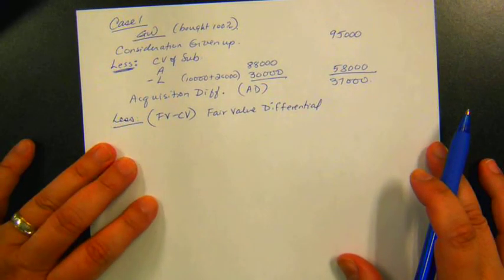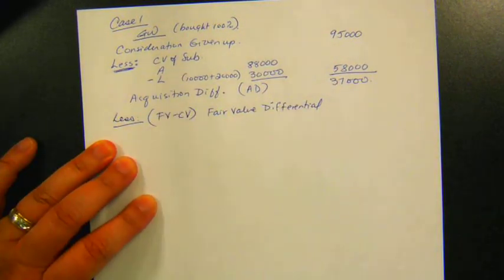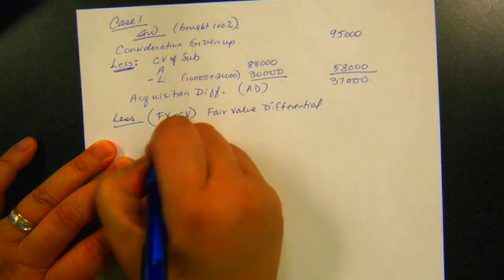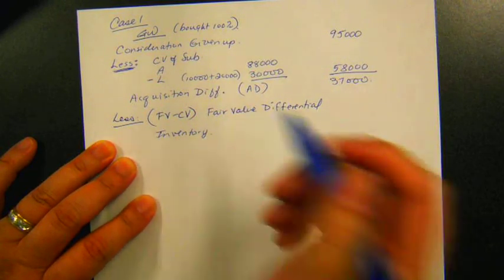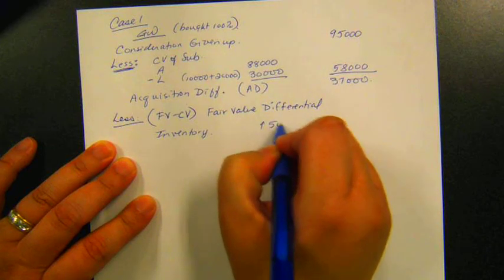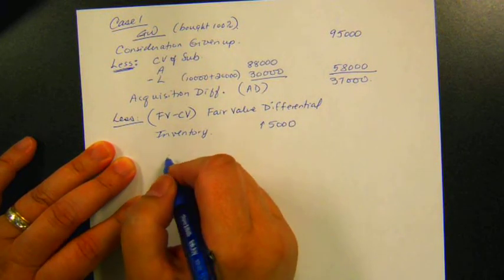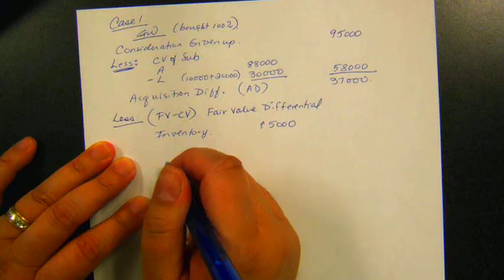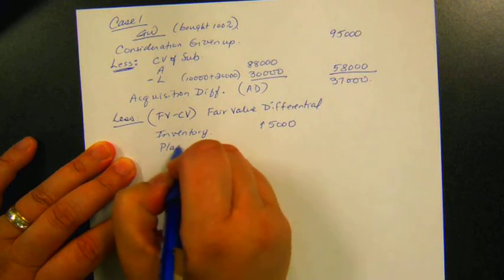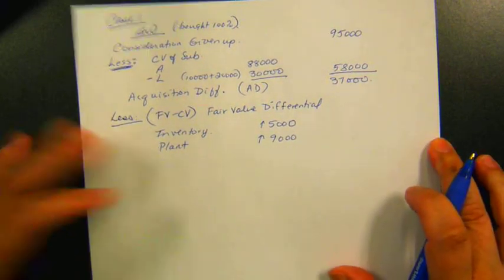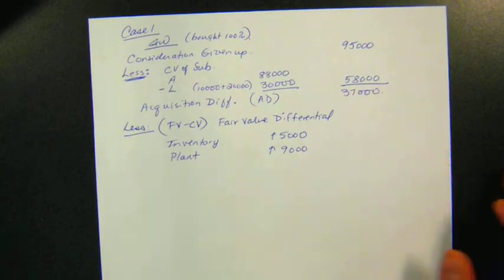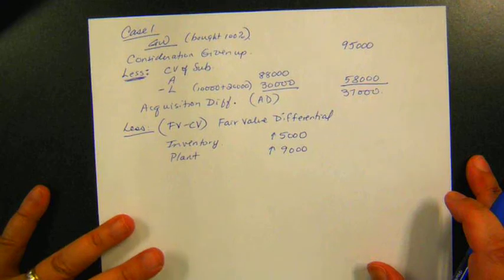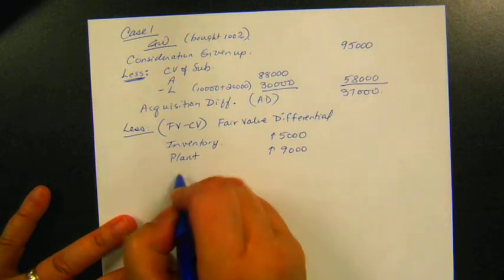Okay, so we have inventory. And it went up by 5,000. We have the plant, 9,000. Whoops, sorry guys. Then we have a trademark.